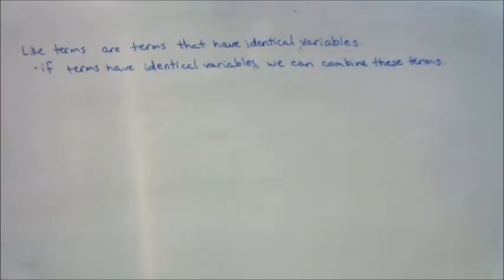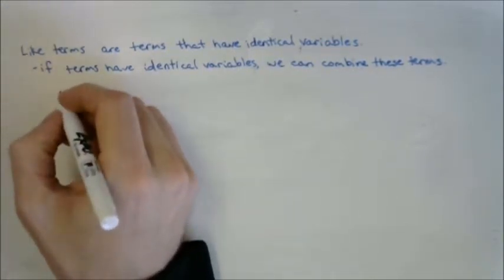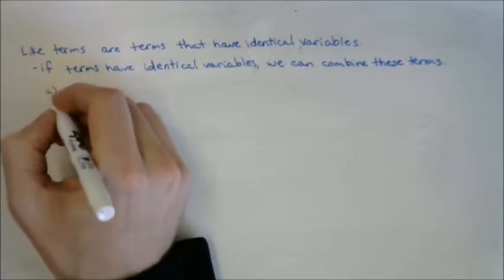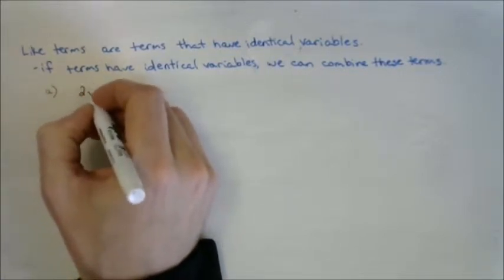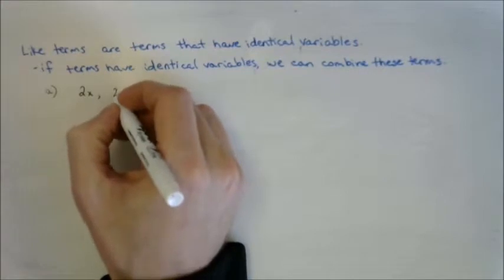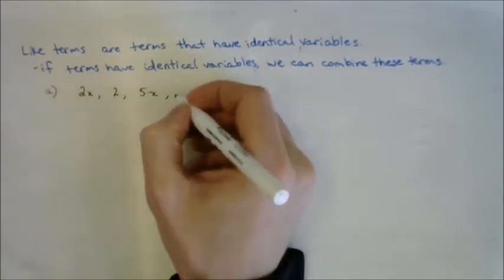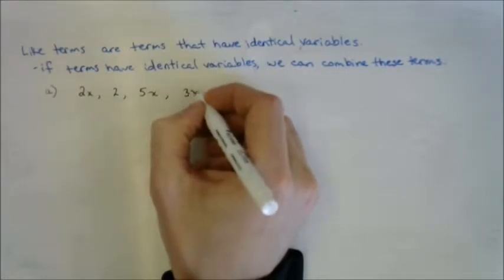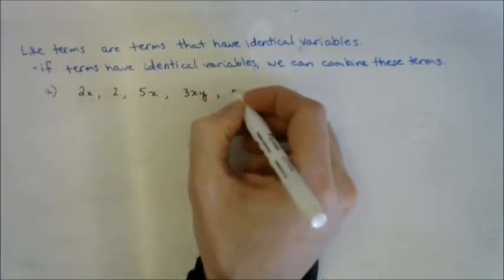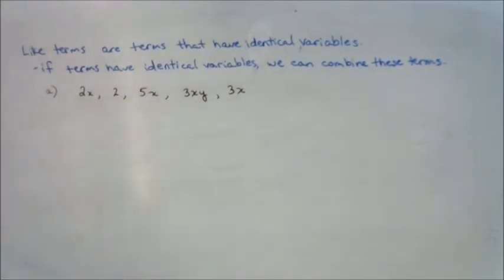Okay, so here we have more practice with that. In A, you don't have any of them written there, but we're going to identify the like terms in the group of terms in A, and just write this. It's 2x, comma, 2, comma, 5x, comma, 3xy, comma, 3x.